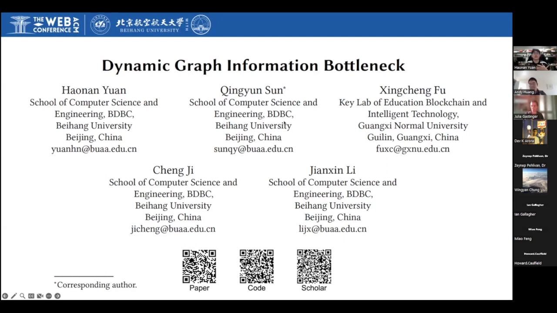Because before this paper, we completed a paper about out-of-distribution generalization on dynamic graphs, which was accepted by NeurIPS 2023. From that work, we found that the distribution shifts between training and testing really decrease the model performance.